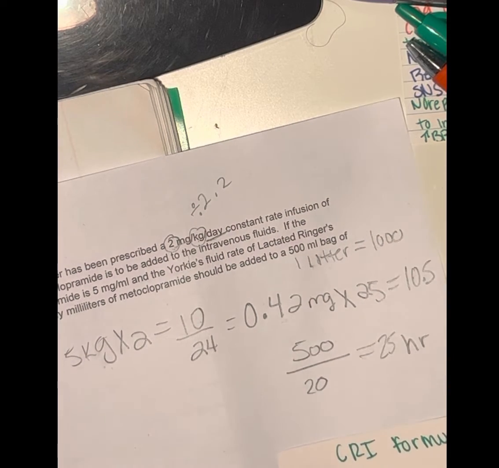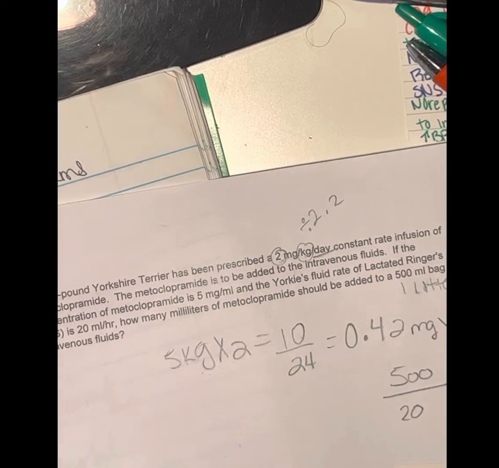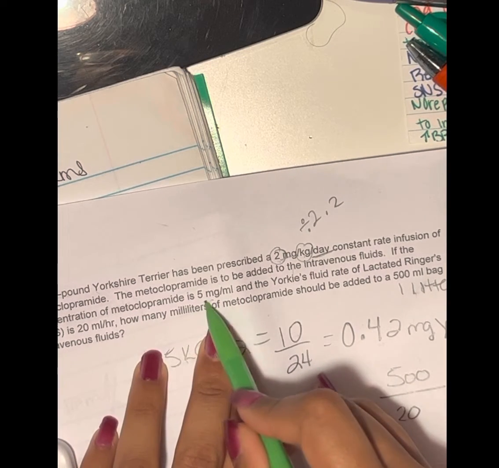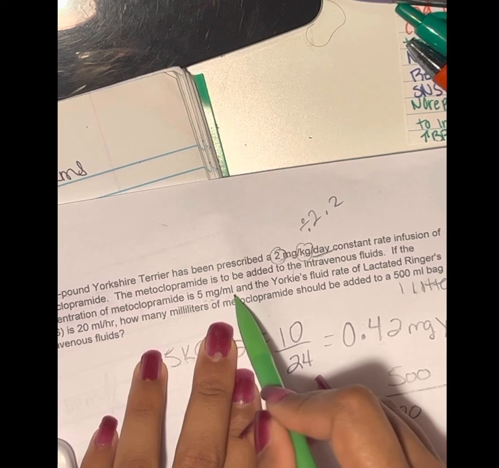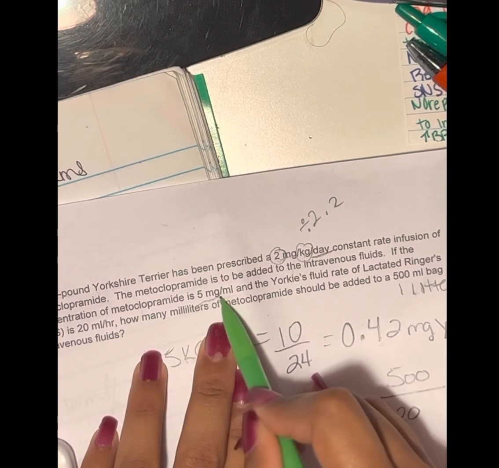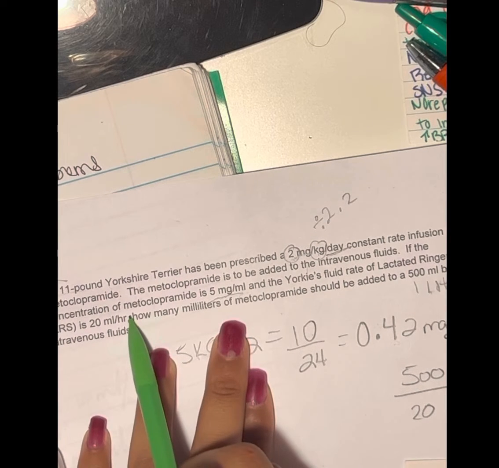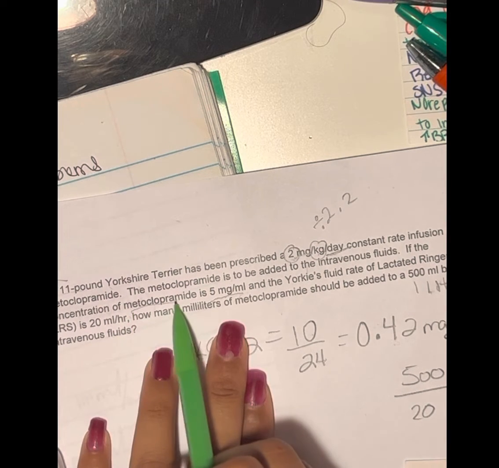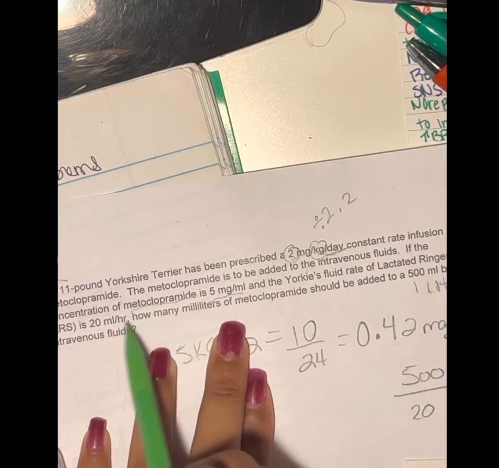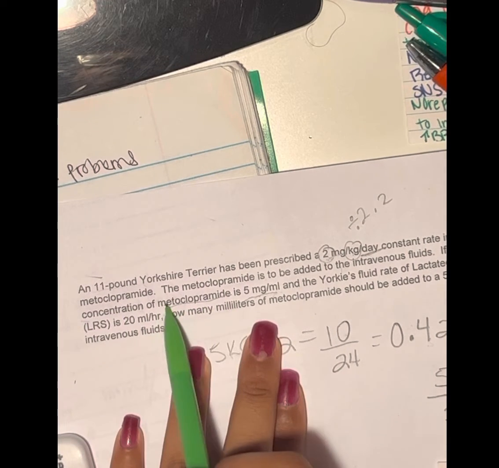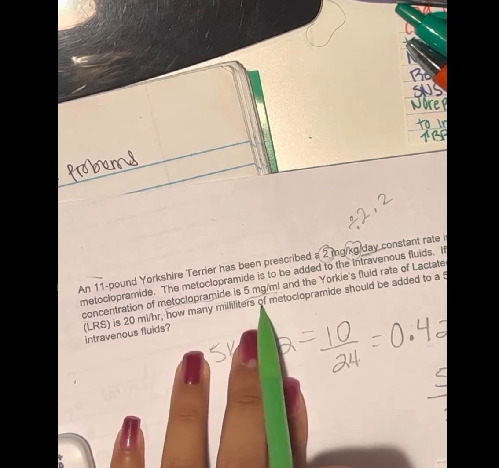The last step is dividing by concentration. Your concentration is going to look like this: 5 mg/mL. Another clue is also sometimes it comes with the name of the medication, and it also says the concentration of the metoclopramide is such and such.